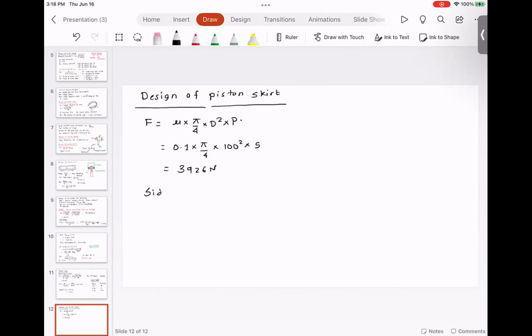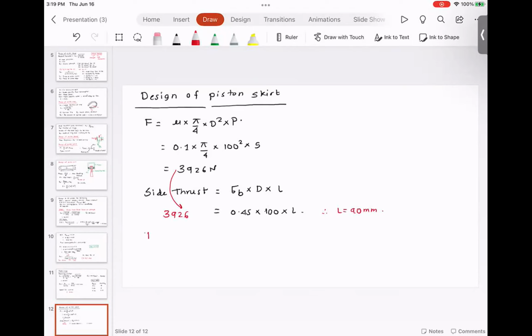And side thrust is equal to sigma B times T times L. Sigma B is 0.45 times T is 100 times L, and we equate this over here. That gives me the value of L is equal to 90 millimeters.